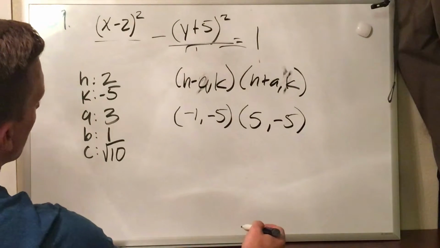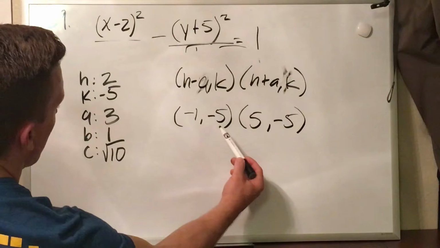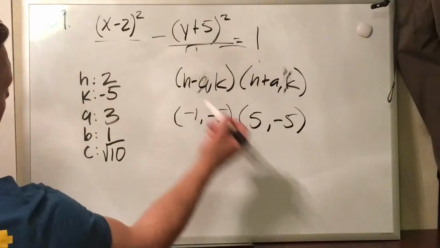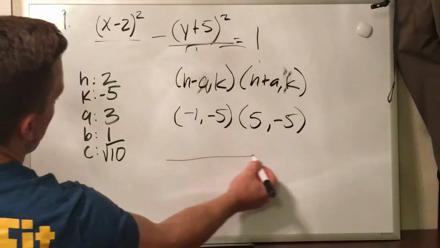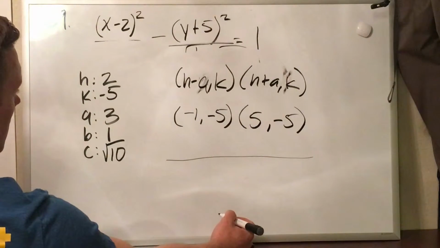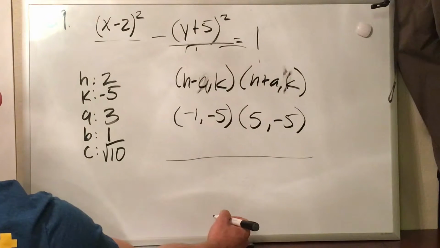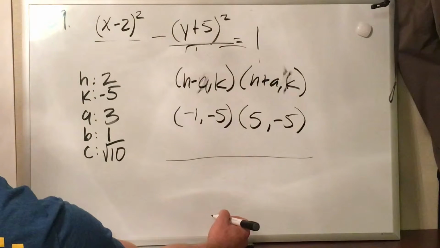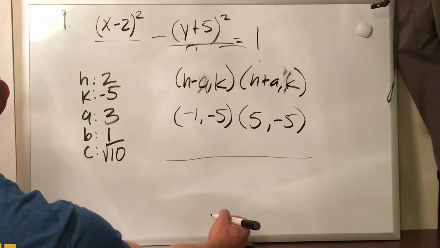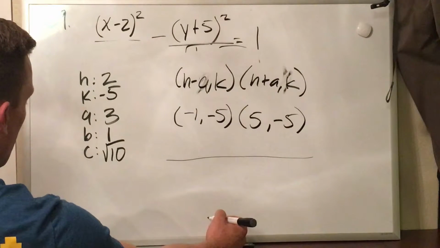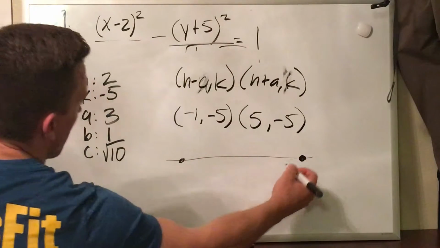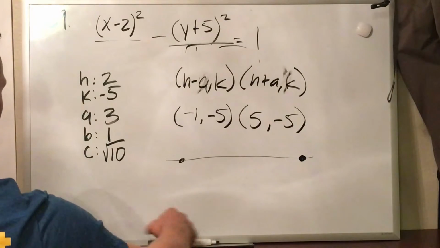Now, due to the y value being the same on these vertices, or you can also say because the x is first, we know that the transverse axis, the line that they fall on, is going to be parallel to the x-axis.